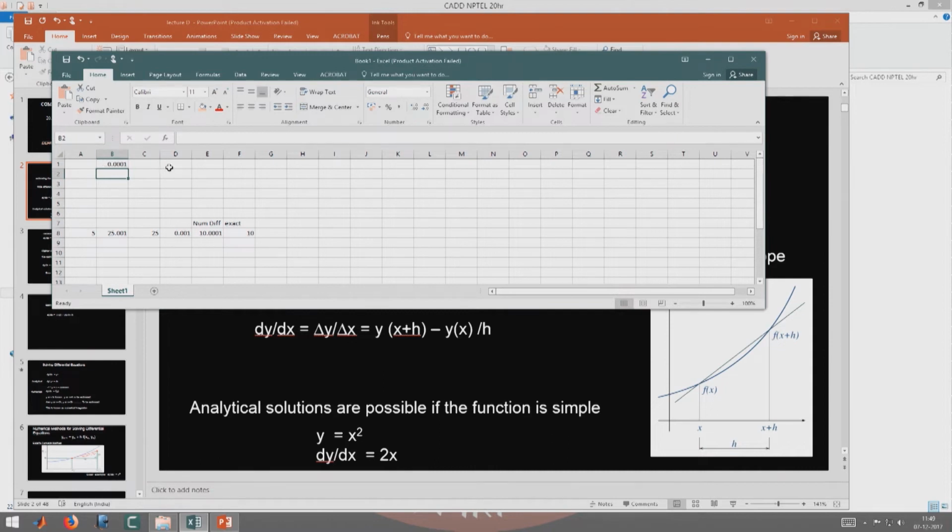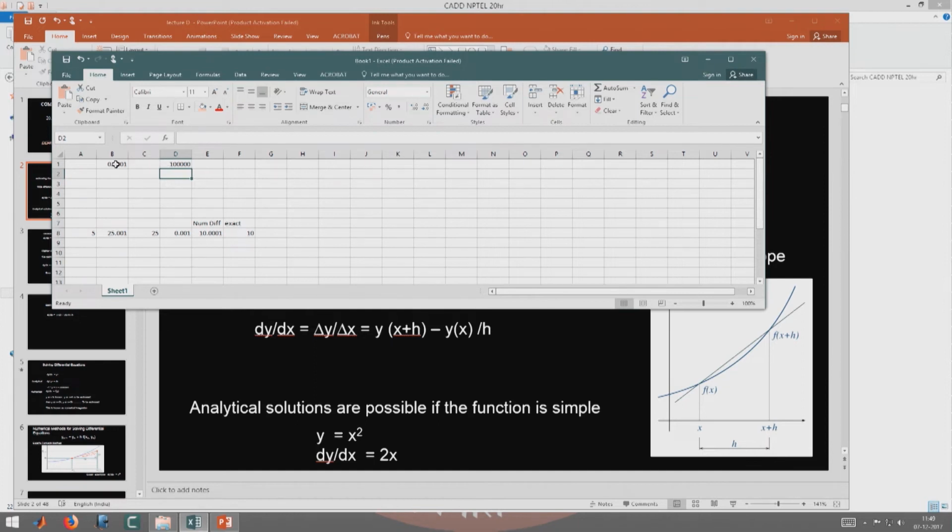But look at the step length, 0.0001. If I want to calculate dy by dx over a distance of 0 to 10, then the number of calculations will be almost 100,000, 1 lakh. So a lot of calculations. If the step length is very small, the number of calculations will also increase.